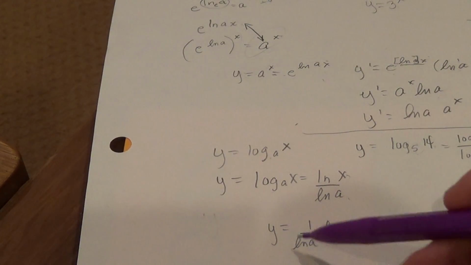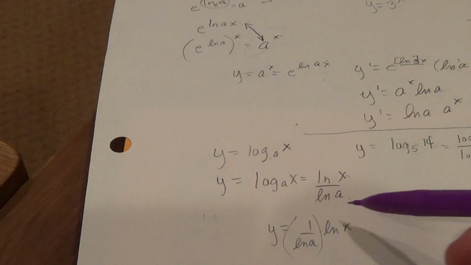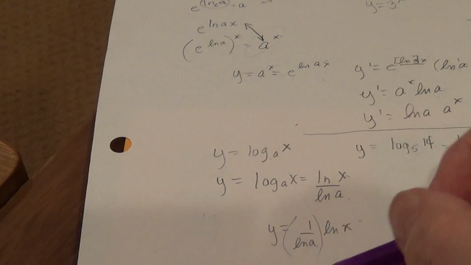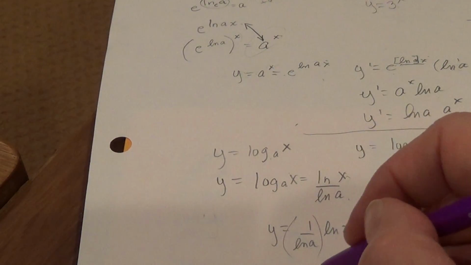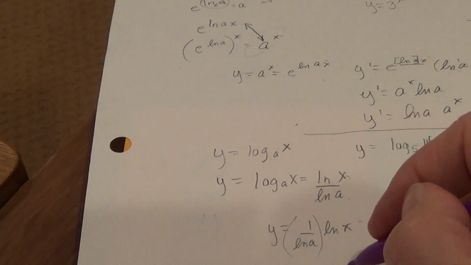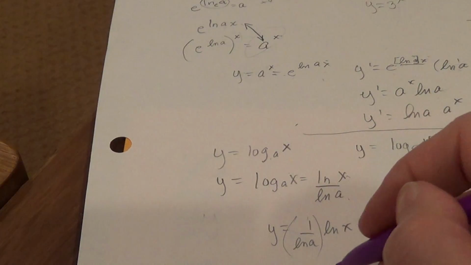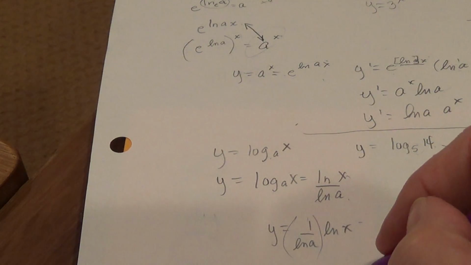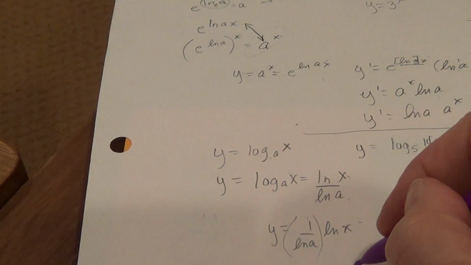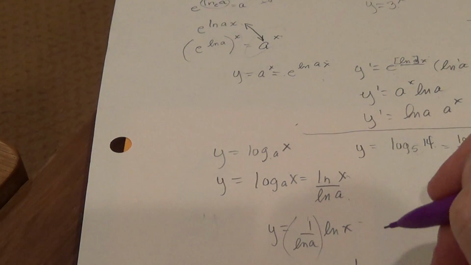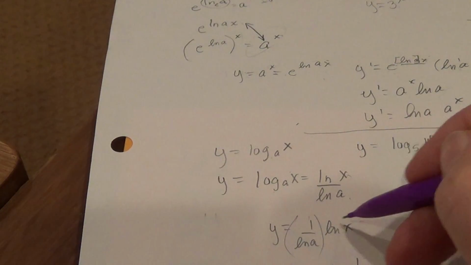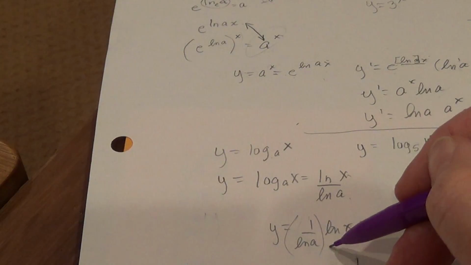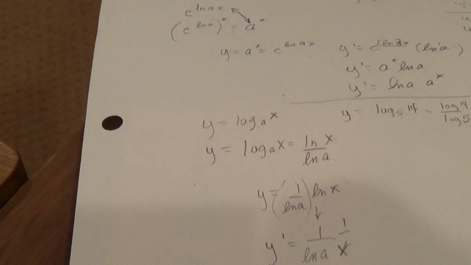This is just the constant. So what's the derivative of ln of x? We already learned that the derivative is 1 over x, and then this constant will be in front. So we have 1 over ln of a, times 1 over x. 1 over ln of a is just the constant that follows in front.